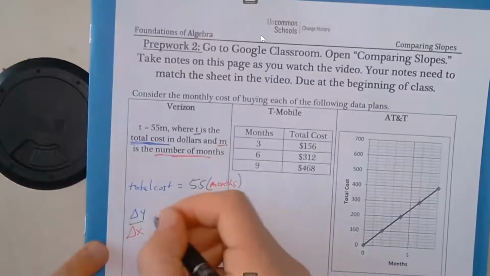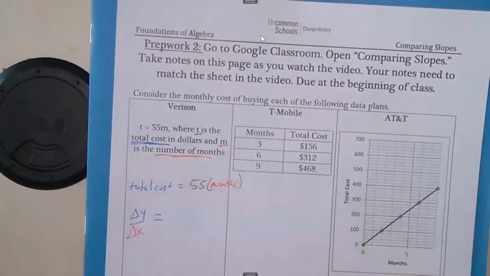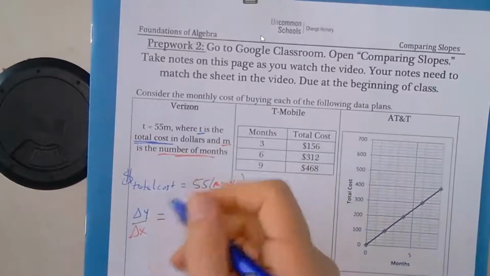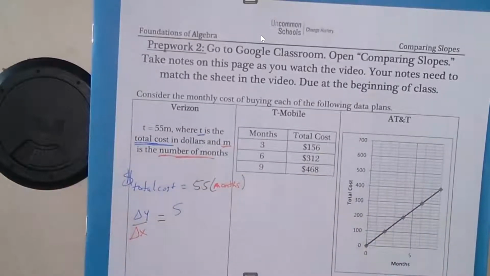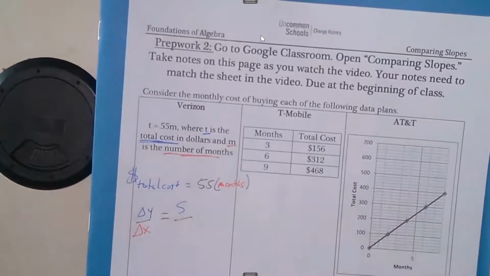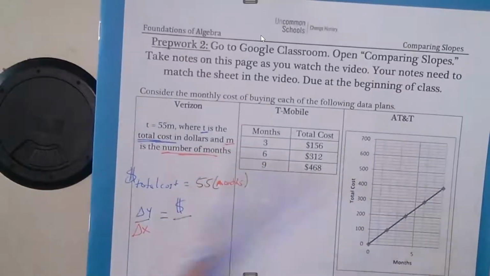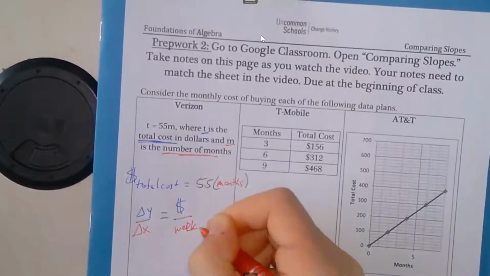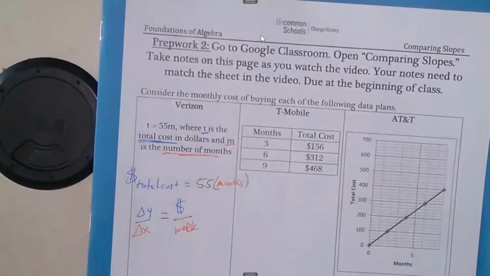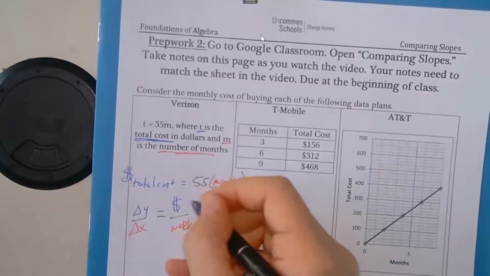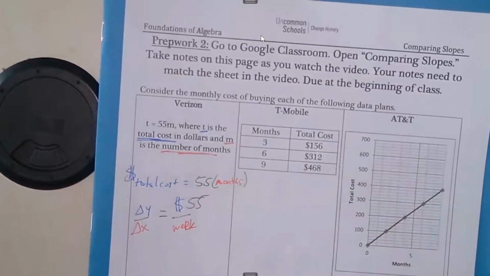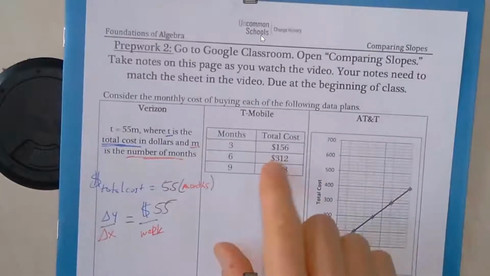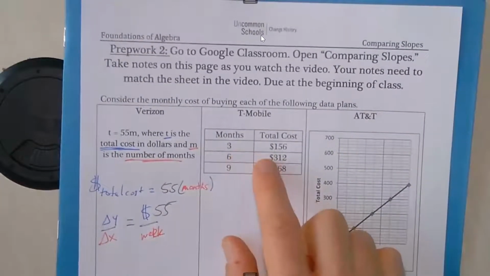So that means our units are, since this is total cost in dollars, per week. And in this case, of course, it's $55 per week. Okay. So now let's look at T-Mobile, where we get a table.